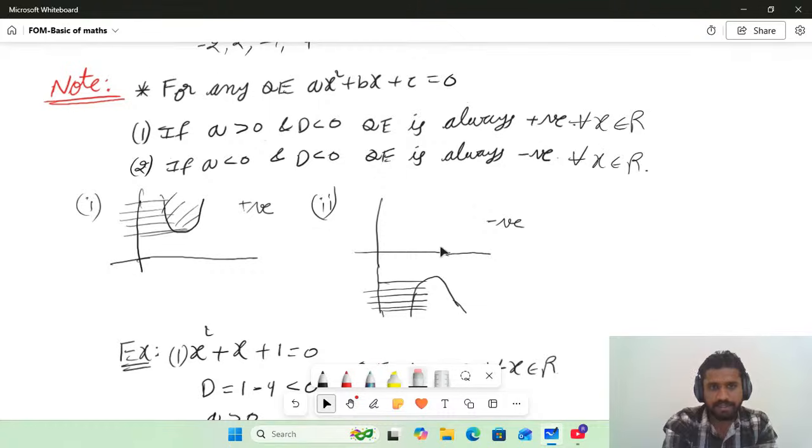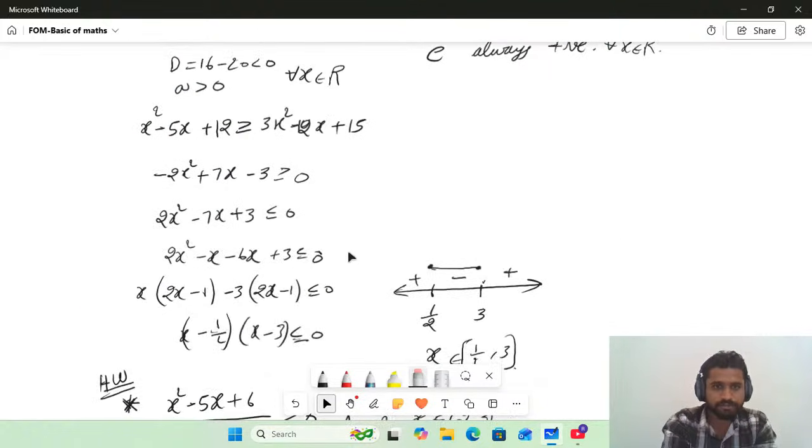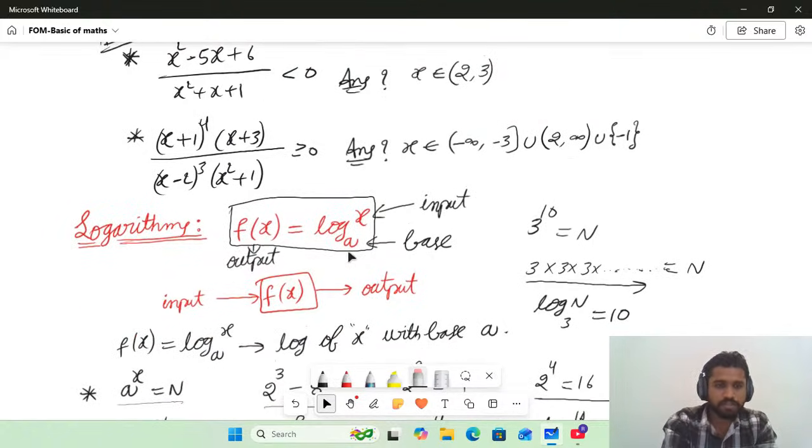If A is greater than 0 and D is less than 0, the quadratic equation is always positive. And if A is less than 0 and D is less than 0, the quadratic equation is always negative. Just remember that note point. This is what we have seen in basic maths lecture 1 and lecture 2.